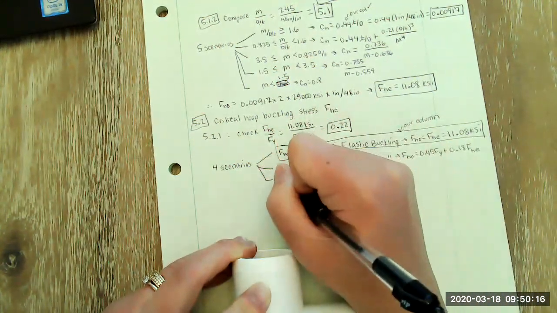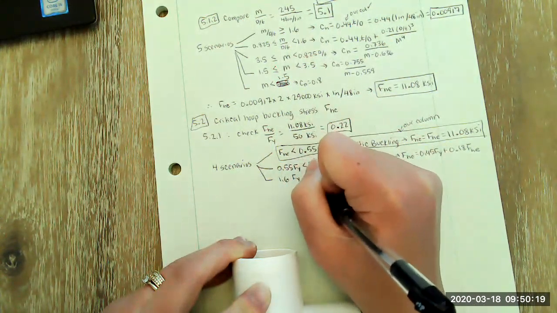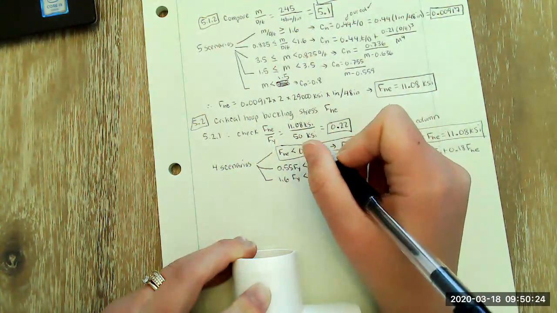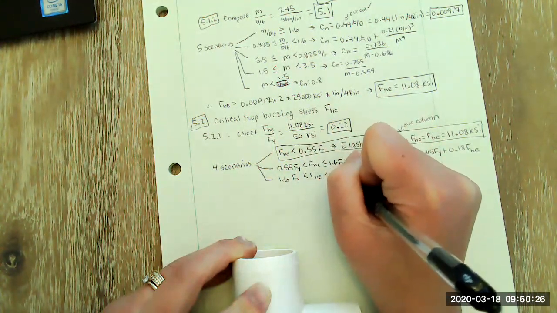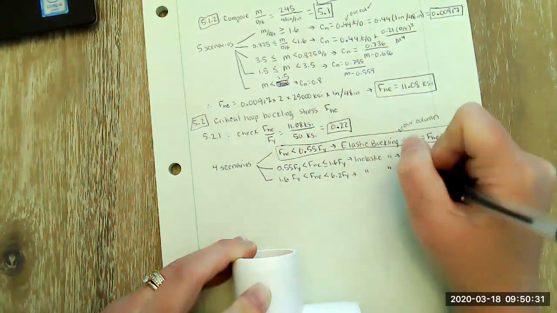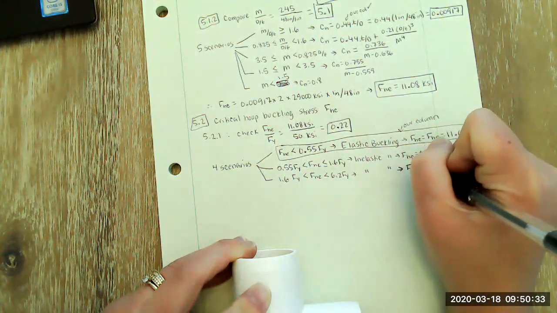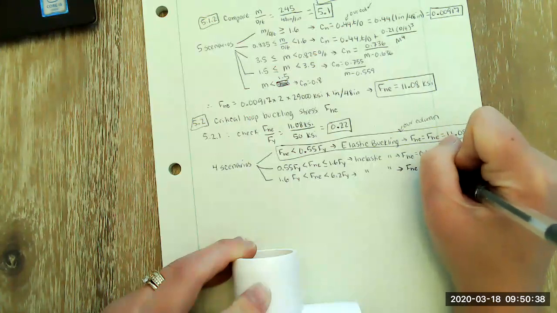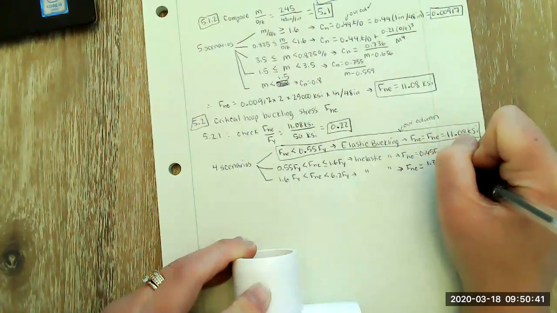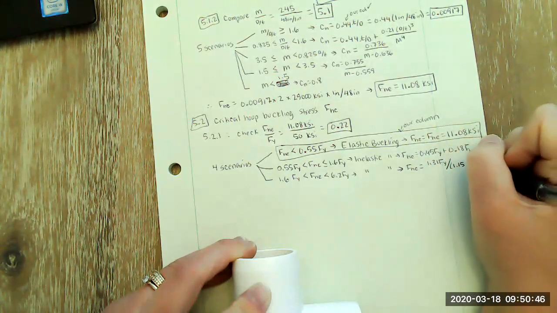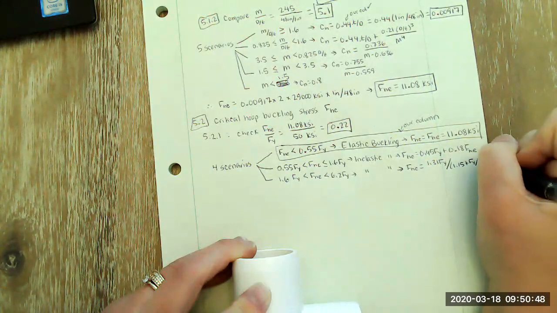If 1.6 times my yield strength is less than F sub HE, which is less than 6.2 times my yield strength, again I have inelastic buckling, and F sub HC, my critical hoop buckling stress, will equal 1.31 Fy divided by 1.15 plus Fy over F sub HE.